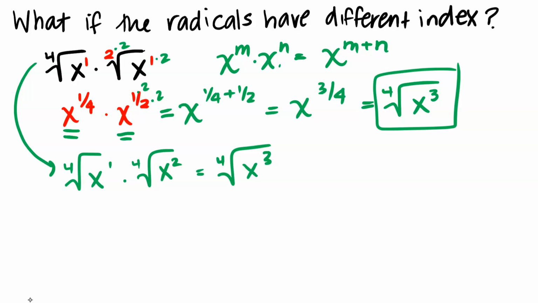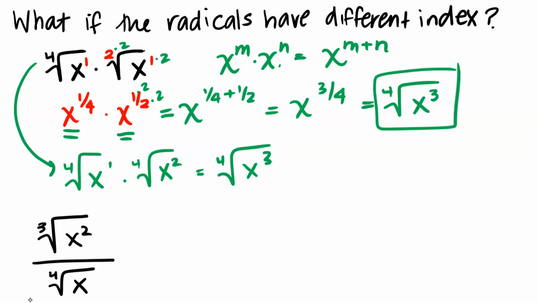Here's one more example. We will try the third root of x squared all over the fourth root of x. So take a minute, decide whether you like the idea of making our indices the same or using fractional exponents. I'll do both. I'm going to try making the indices the same.